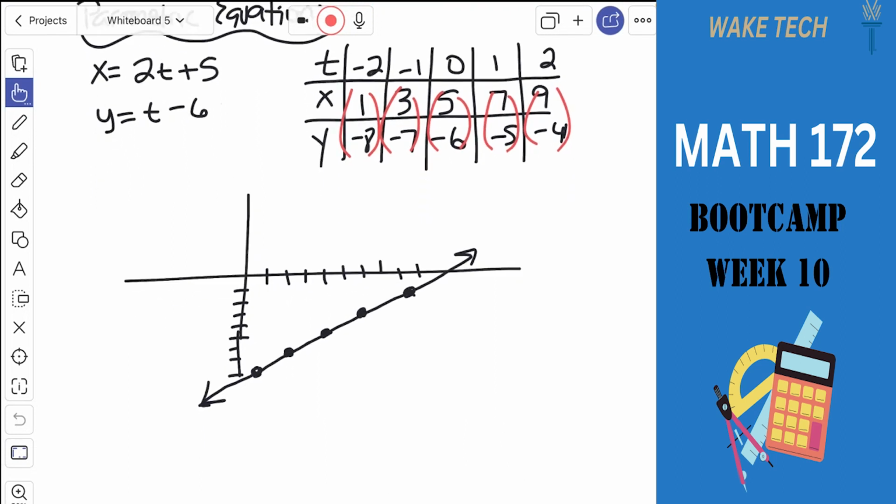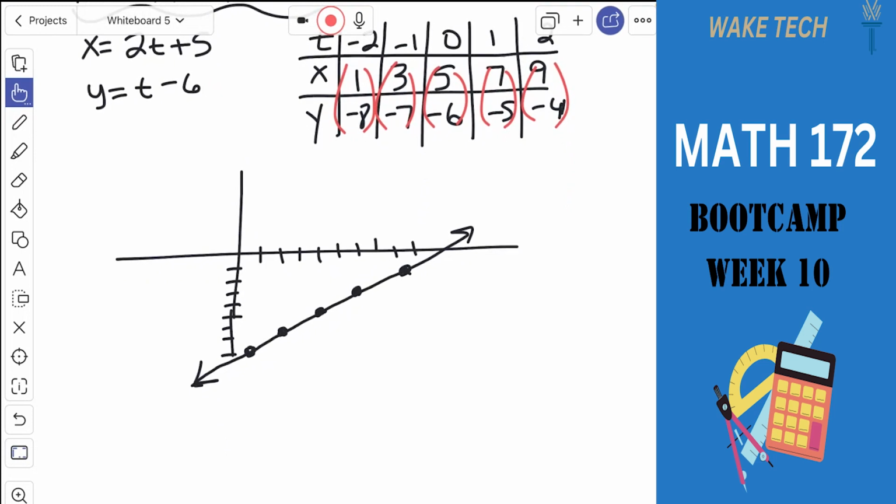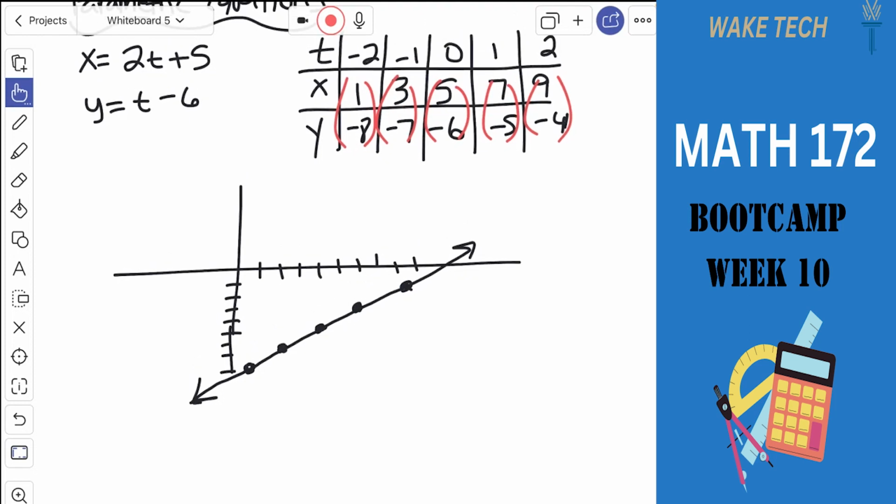Okay. So in addition to creating the graph, another task you'll have for the week is to eliminate the parameter in these two equations. So what that means is that somehow we need to take these two equations, x equals 2t plus 5, y equals t minus 6, and merge them together in order to create a single equation that involves just x and y.